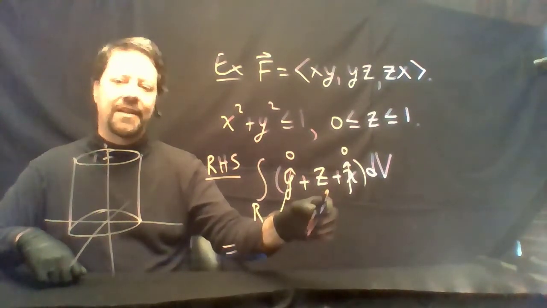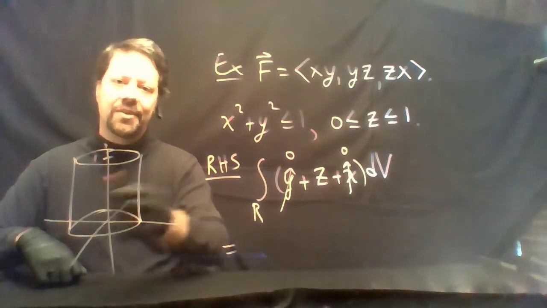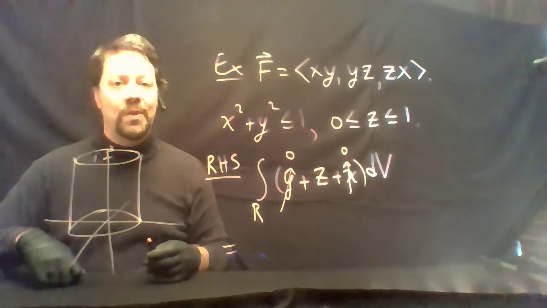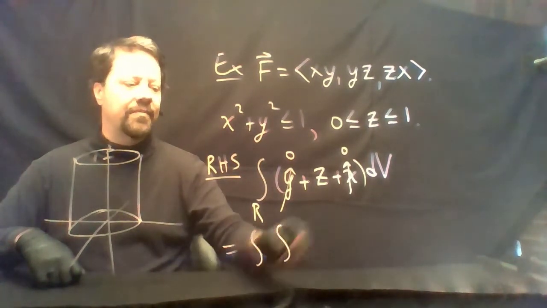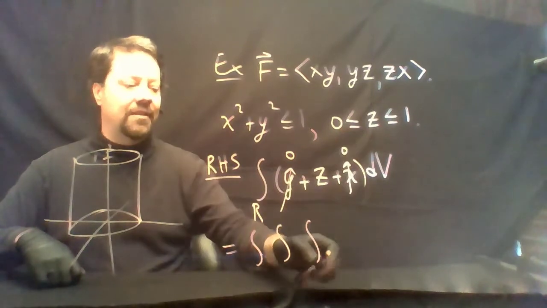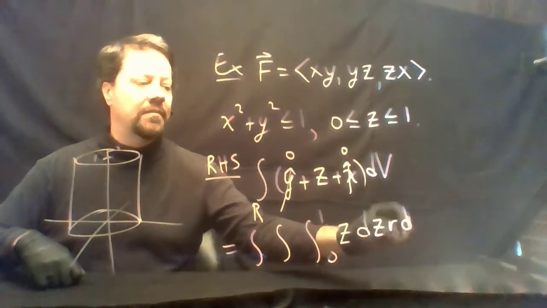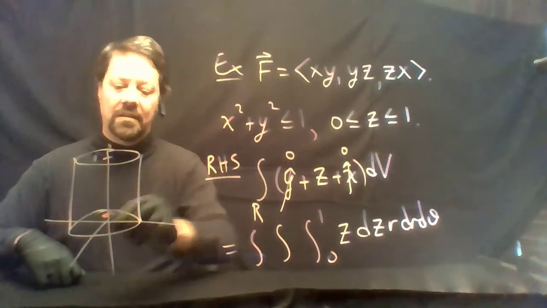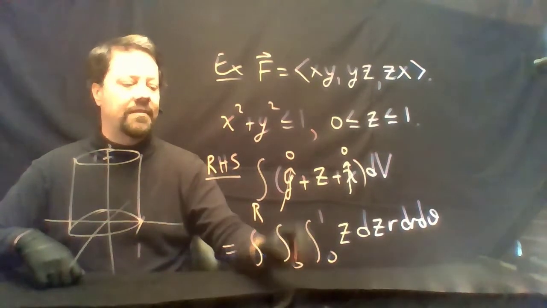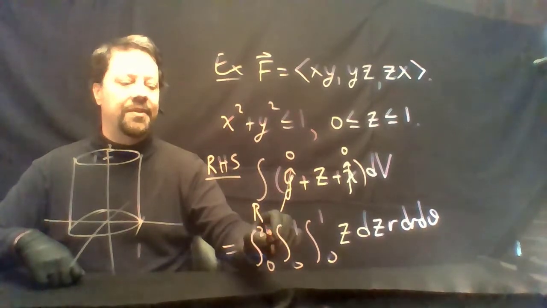To set up the limits of integration, because of the rotational symmetry around the z-axis, we should use cylindrical coordinates. Z will go from 0 to 1, r will go from 0 to 1, and theta from 0 to 2 pi.